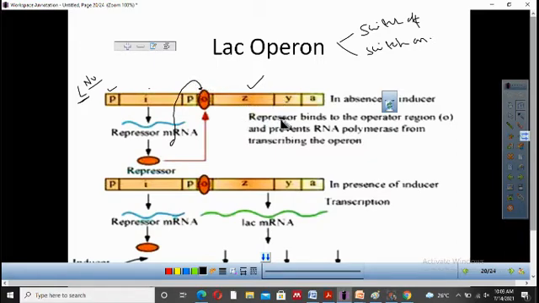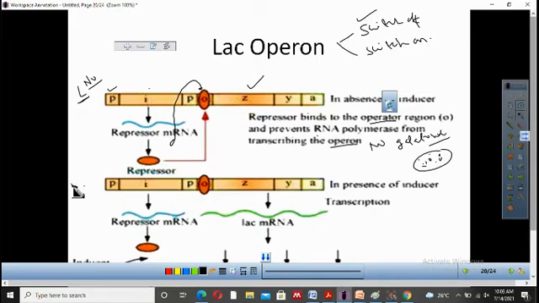The repressor binds to the operator region, preventing the RNA polymerase from transcribing the operon. So no galactosidase. In such a condition it will be switched off, and there will be no growth of the colony because there is no energy.